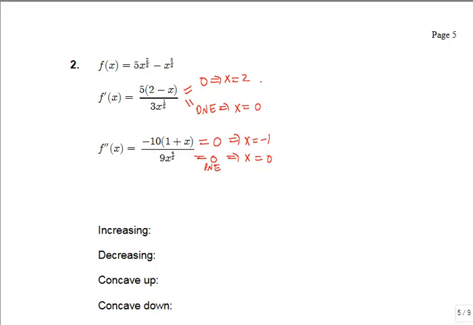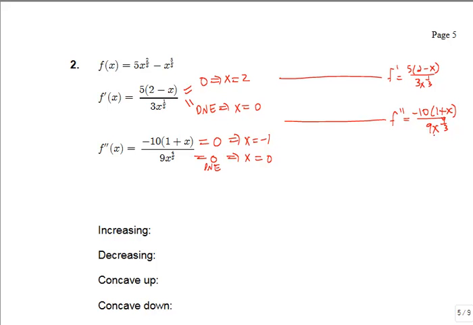So we know all of our critical numbers. We're ready to put them on our number line. So my first derivative is this 2 minus x over 3x to the 1/3. And my second derivative is this -10 times (1 plus x) over 9x to the 4/3.